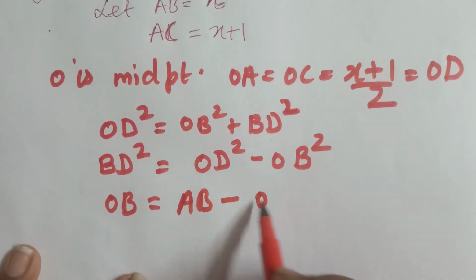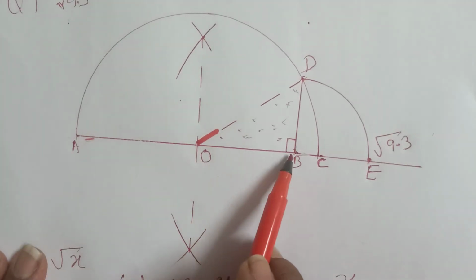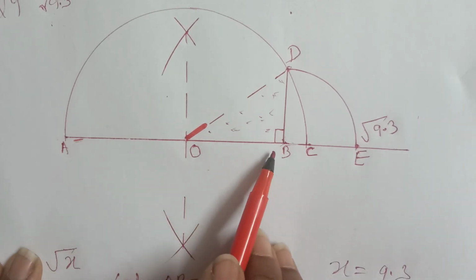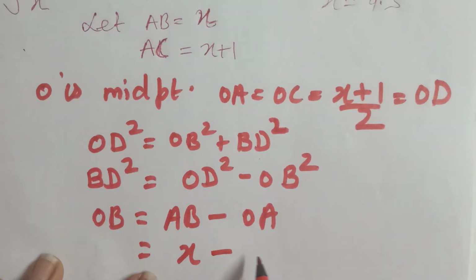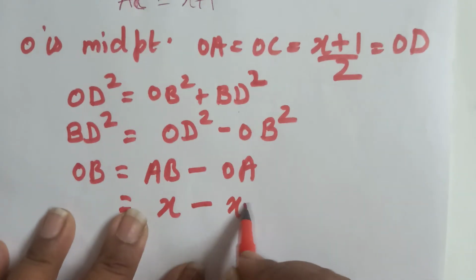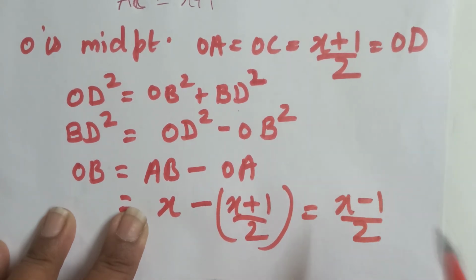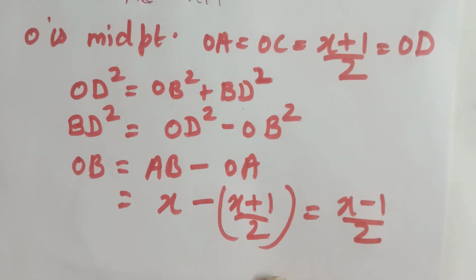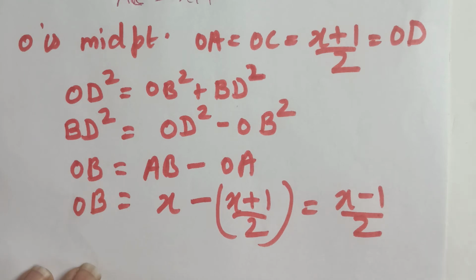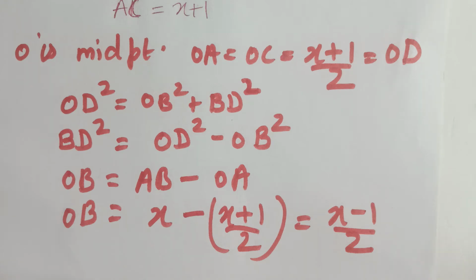We know that AB is equal to x, whatever the value that we need to represent. So x minus x plus 1 upon 2. When we take the LCM, we get the value of OB, that is x minus 1 upon 2.